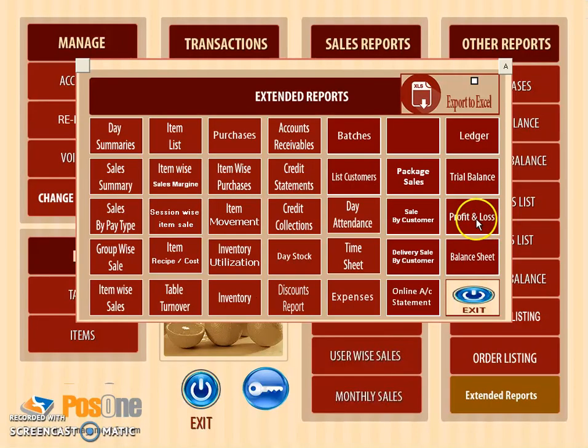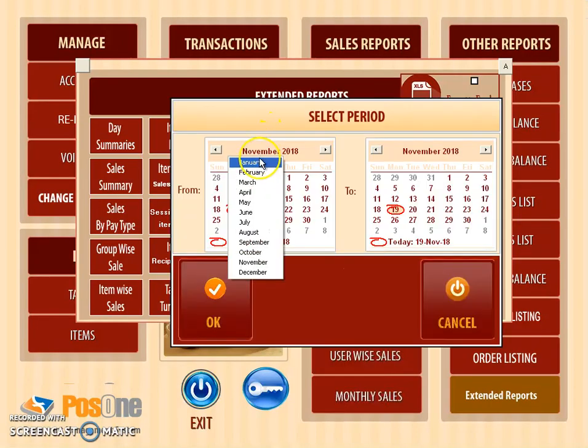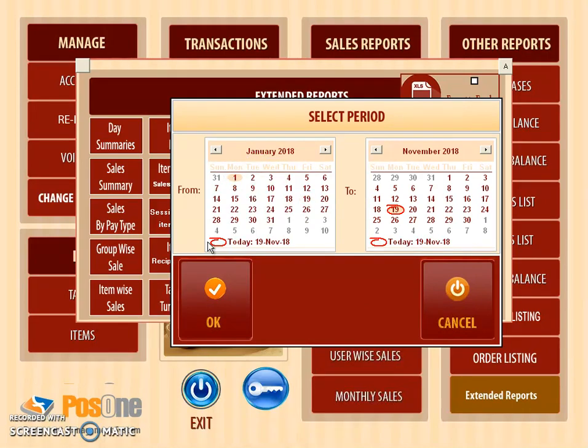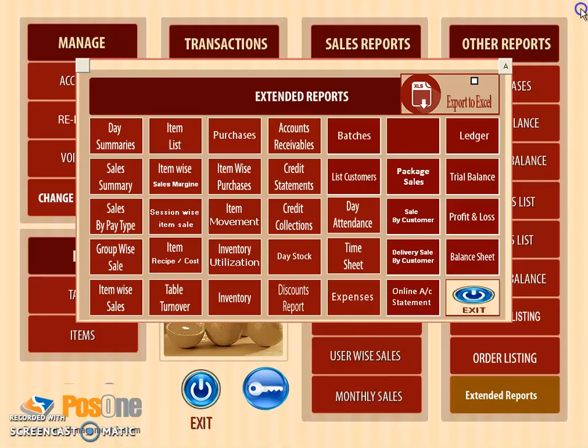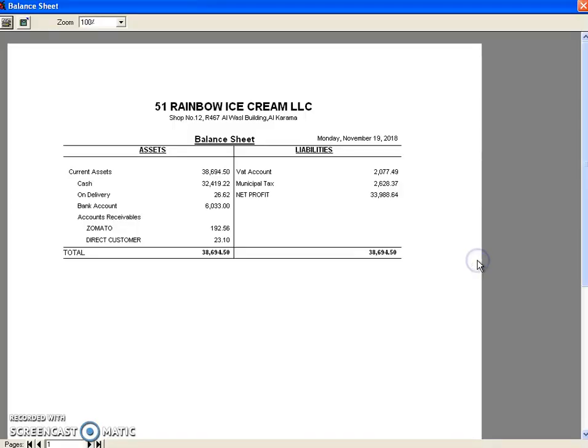If you are taking it for a particular period, you will see the total expenses and the sale for the entire period, so you know what your expenses are in that period. And the balance sheet will give you a complete statement of the back-end system: how much tax you have to pay, the current assets and accounts receivable.